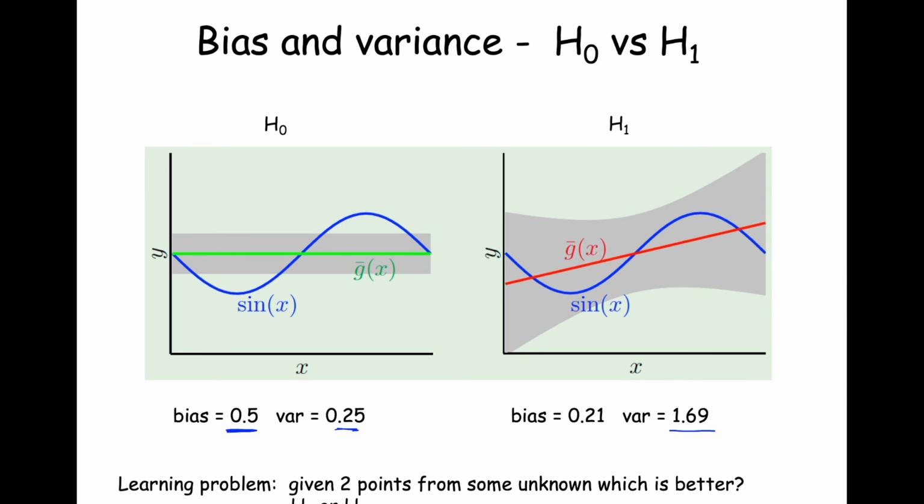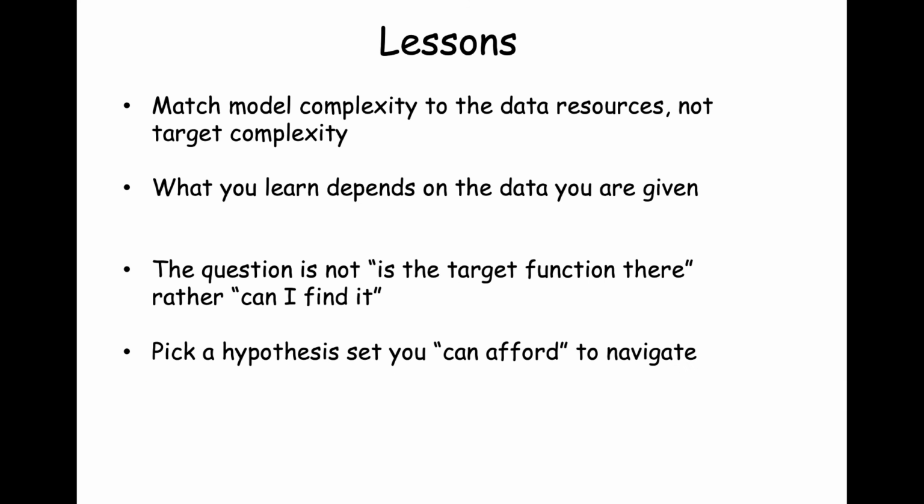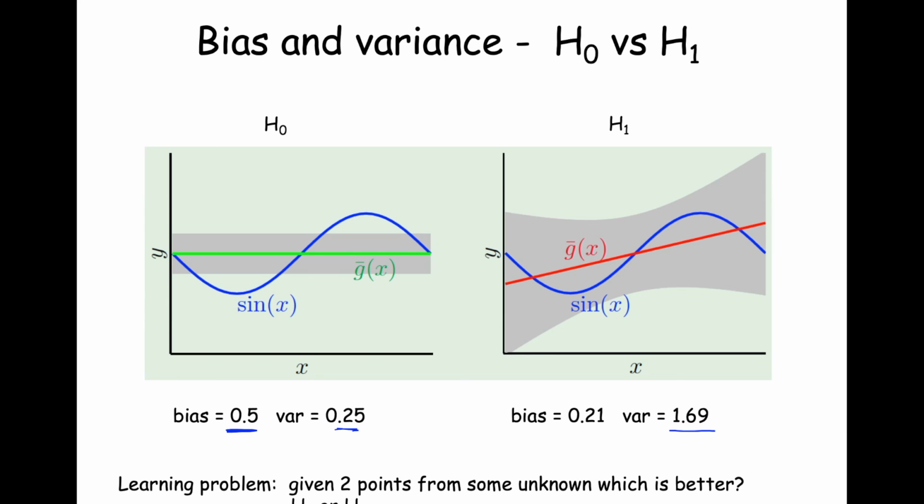And so now the learning problem is, given that you have a data set of size 2, and you know that it's from some unknown probability, and you have an unknown target function, which is better, H0 or H1? If we add the bias and the variance together, for H0, bias plus variance is going to be 0.75.